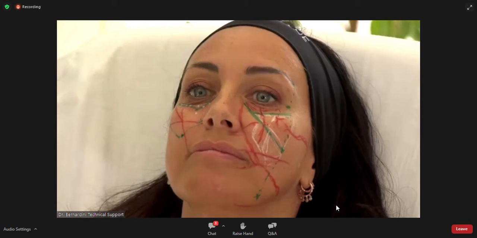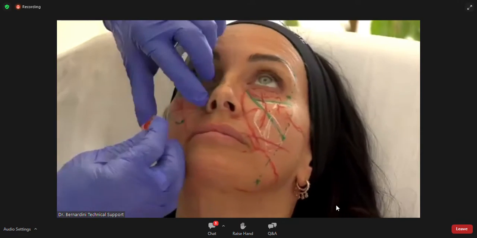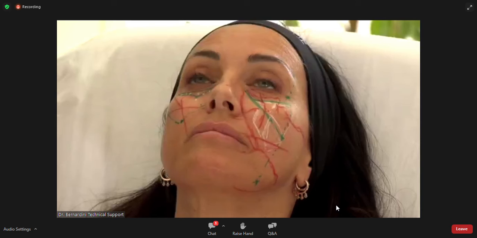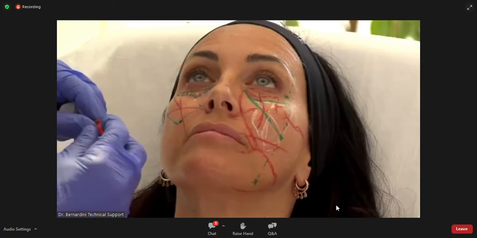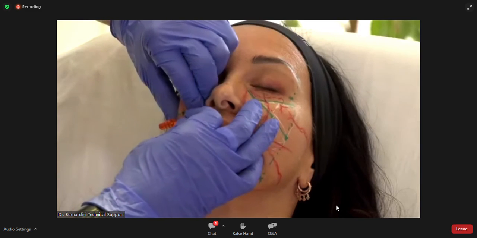For me, we get the entry point. As I mentioned before, I do use a cannula all the time. I do not use this type of introducer all the time, but this might be convenient for some of you.